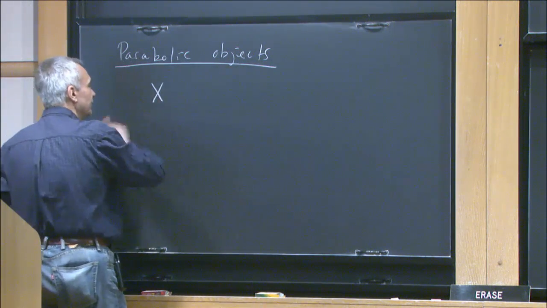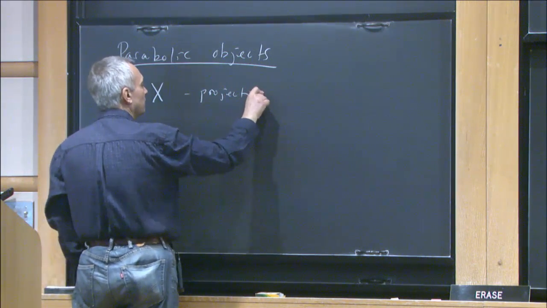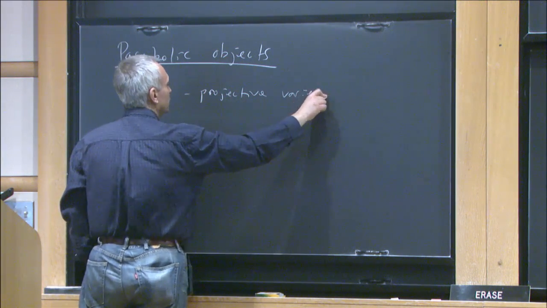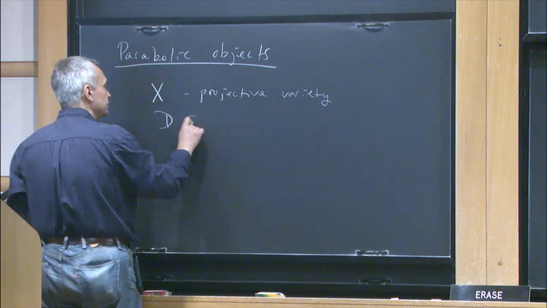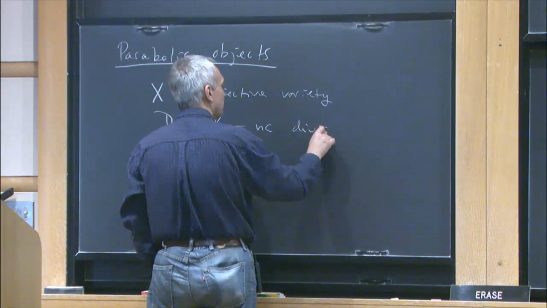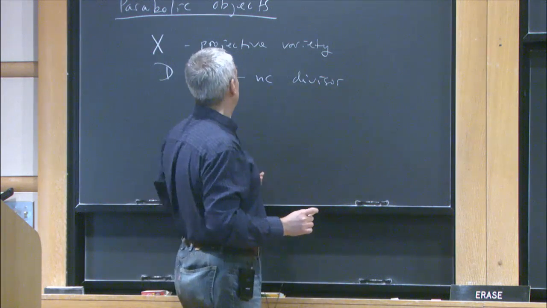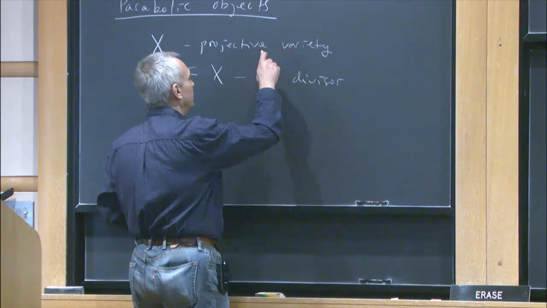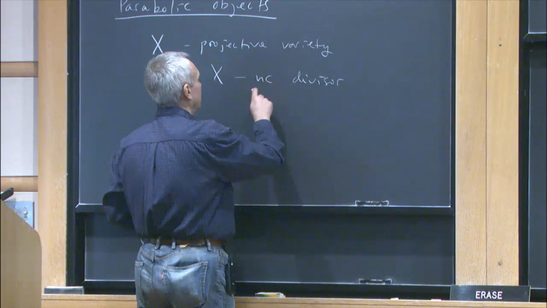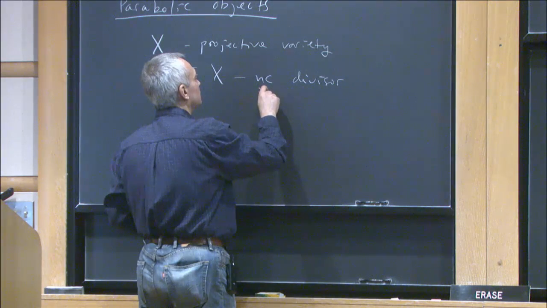So suppose that we have a projective variety, smooth, and we have a normal crossings divisor. And I'm going to assume it's simple.